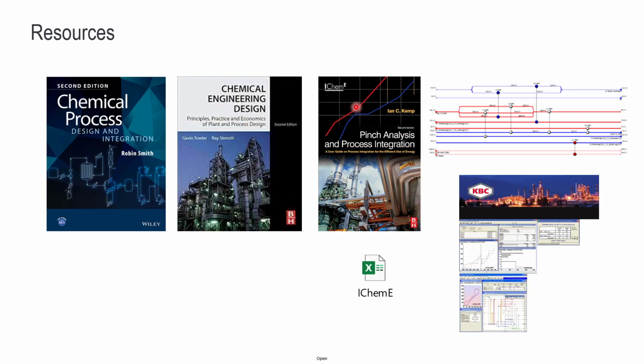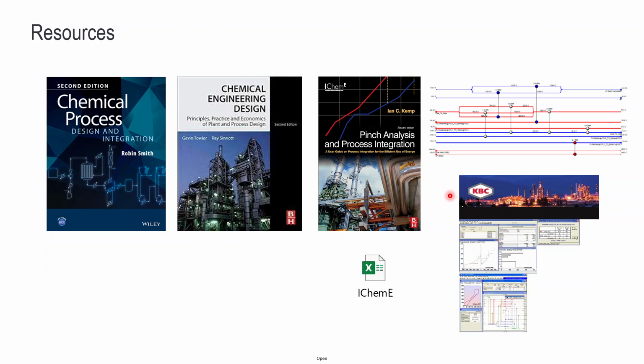And then you can also read the 2nd edition of the book from IChemE, Pinch Analysis and Process Integration, where you can also Google the IChemE Excel spreadsheet tool as a companion of this book. And then there are also commercial software tools from Aspen HYSYS, like Aspen Energy Analyzer. And then there's also another software from KBC.